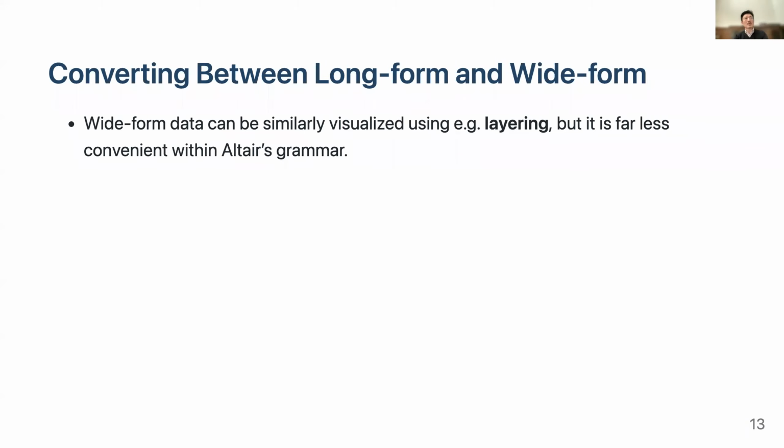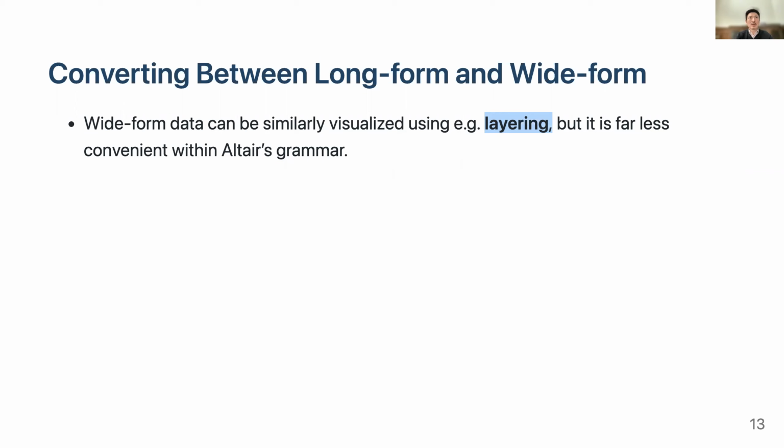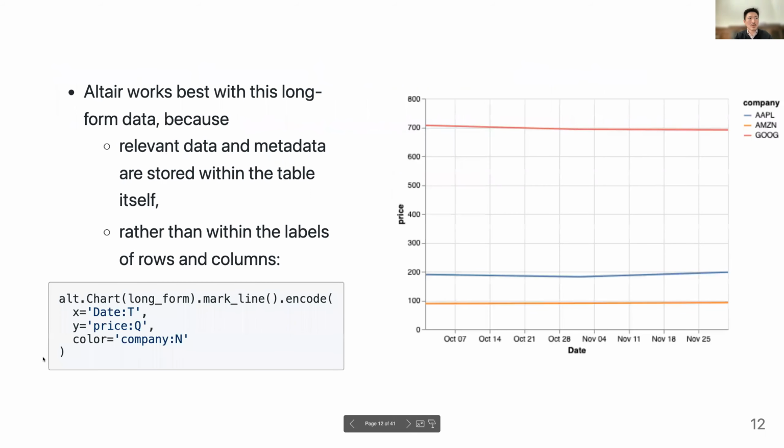You can convert between the two, and you can also visualize using layering. Layering, in a sense, means you are drawing multiple graphs and including them in the same single chart, each graph as one layer. That means you have to specify the encodings 3 times, something similar to this, one for each layer, in this case each of the companies' stock prices.